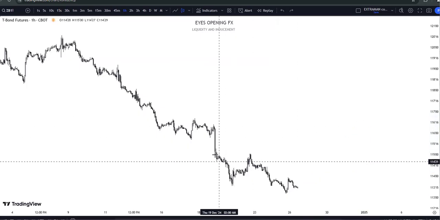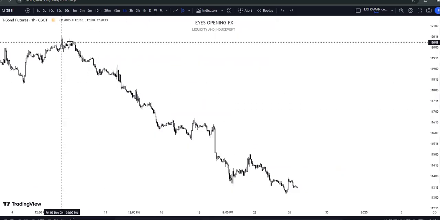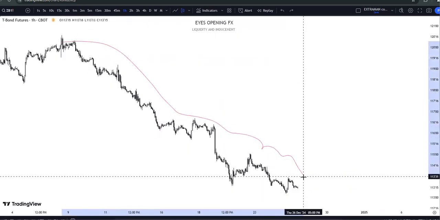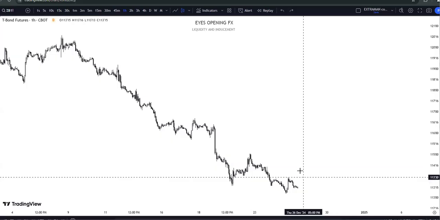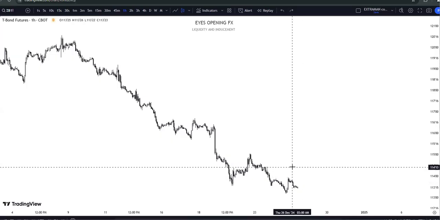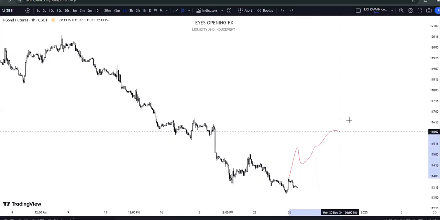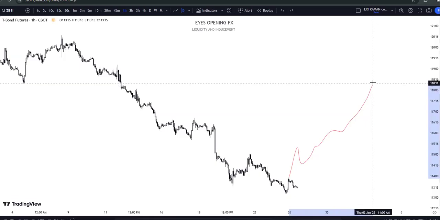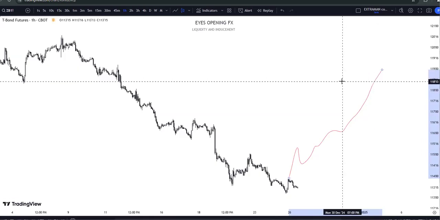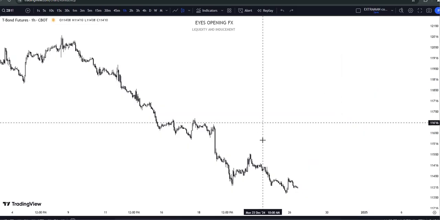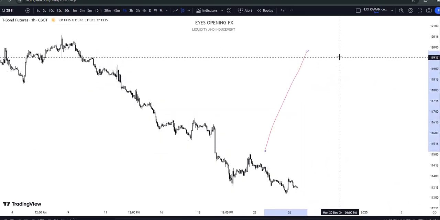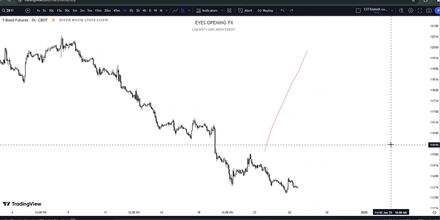So the first thing you understand here is this one trending to the downside means USD or DXY is trending to the upside. So a downtrend here indicates strength on USD, while an uptrend here indicates weakness on USD.